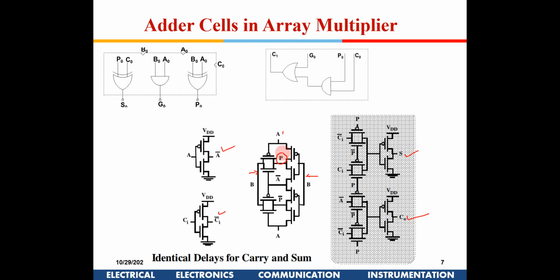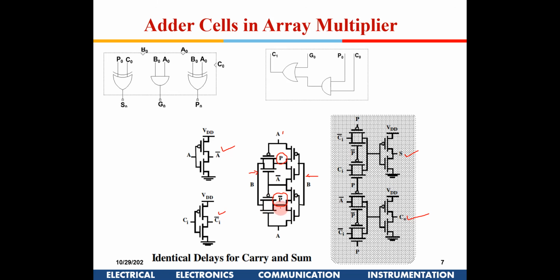A XOR B is propagation, right? So I am getting propagation. Also, I am generating propagation bar. What is propagation bar? Propagation bar is the inverse of that, P bar.